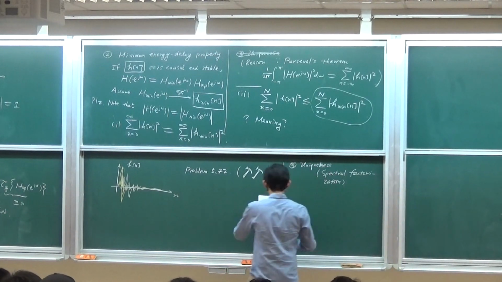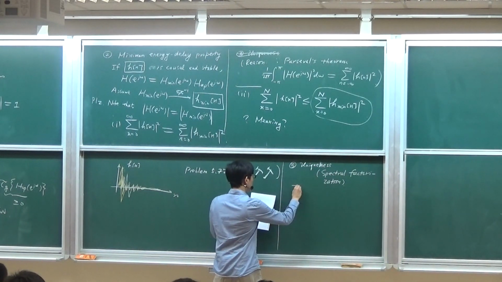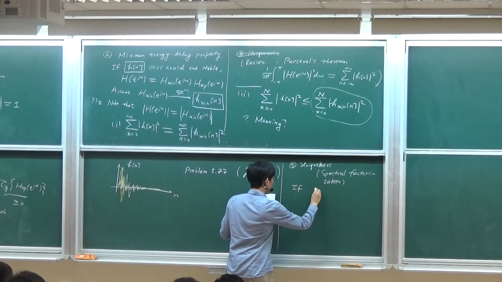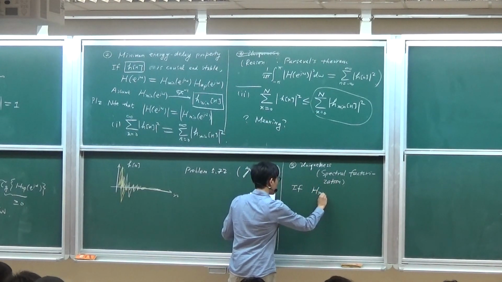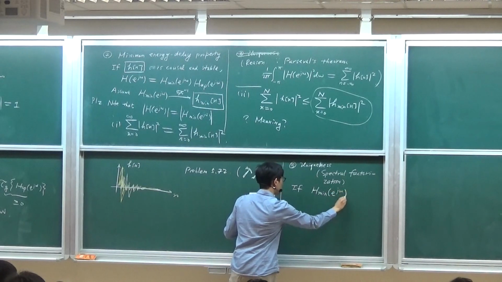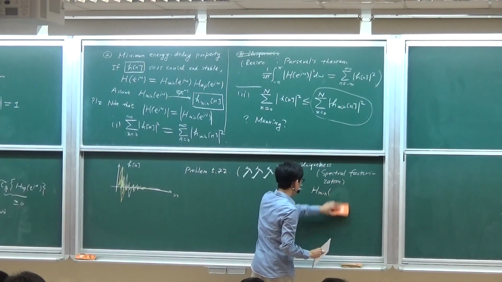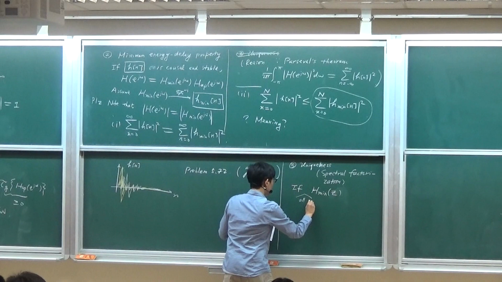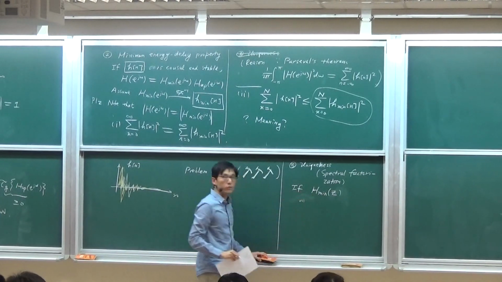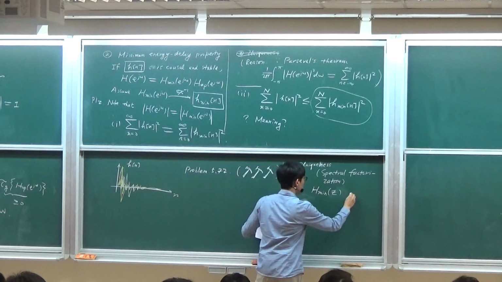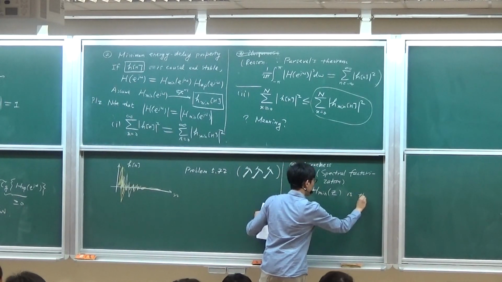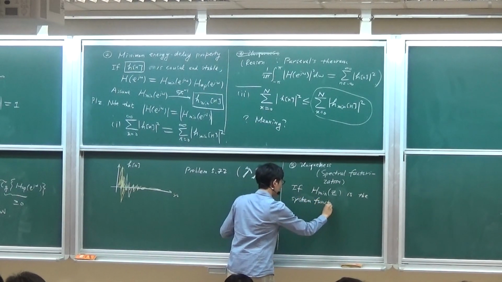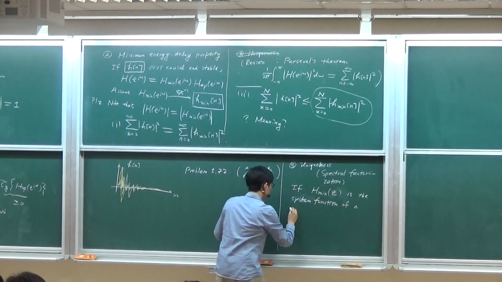Okay, so let me just write down. Let me say H min of z is the system function of a minimum phase system.